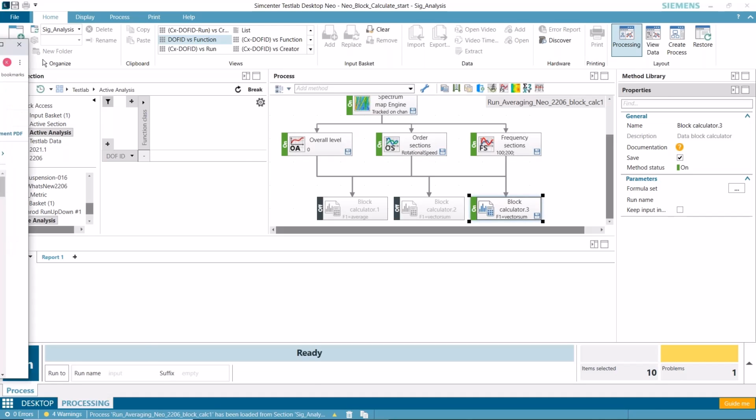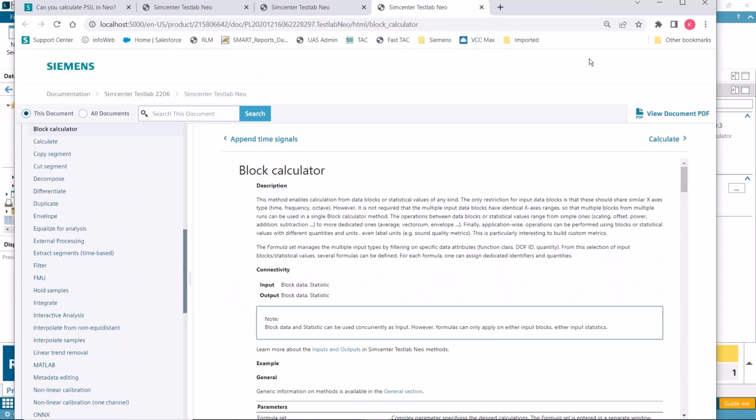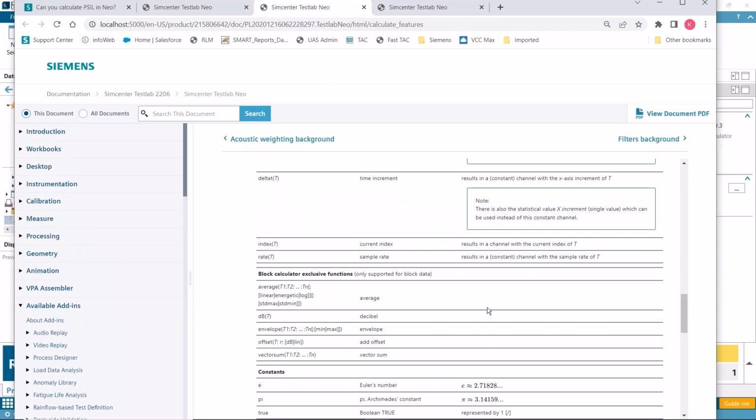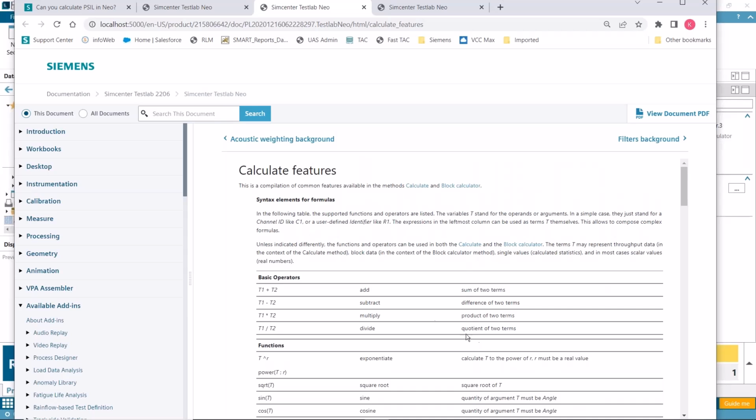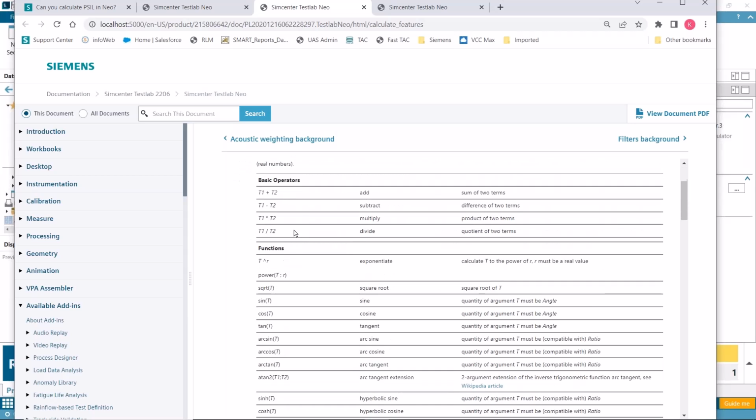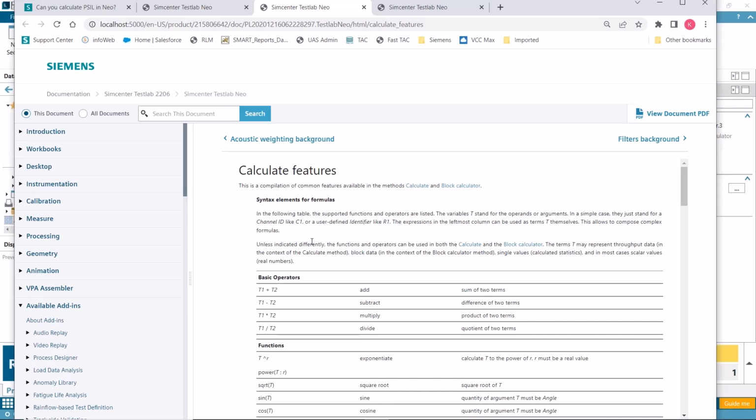If you don't have it installed locally, you can go to Support Center and find the commands available there. And there's a command on the block calculate, and there should be a command on the calculate method as well. So the calculate method is kind of broad, and it shows a lot of the basic operators that can be used in the calculate and the block calculate method.